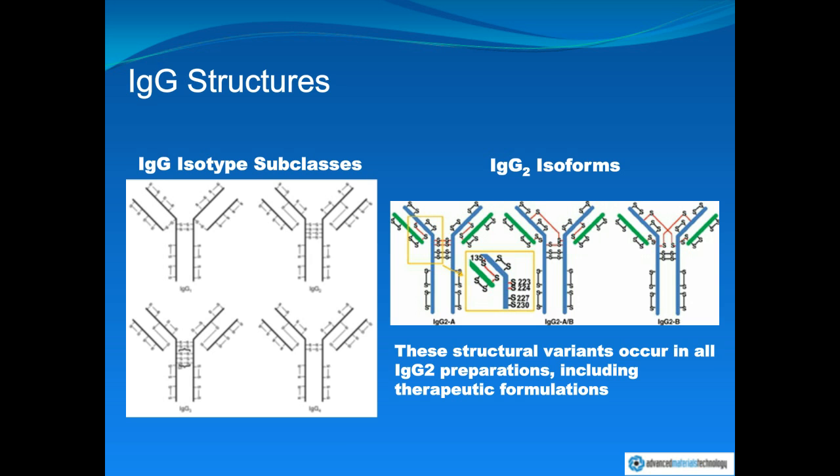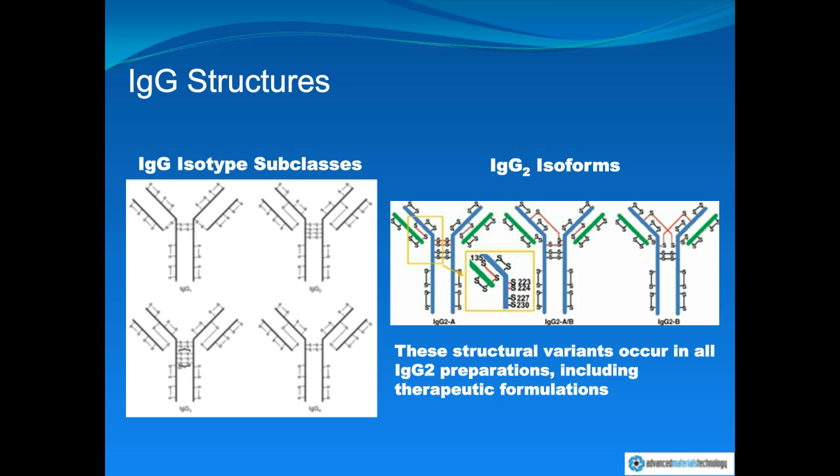So different combinations of how the heavy chain and the light chains are cross-linked through disulfides. We also, not shown in this diagram, have trisulfide and other variants of IgG2. So IgG2 is actually a fairly complex structure compared to the prototypic IgG1.